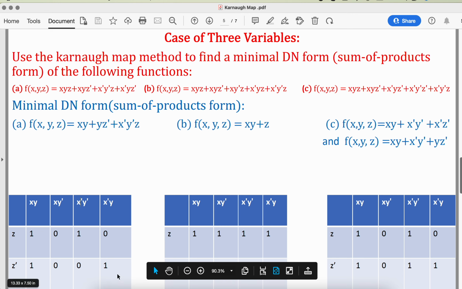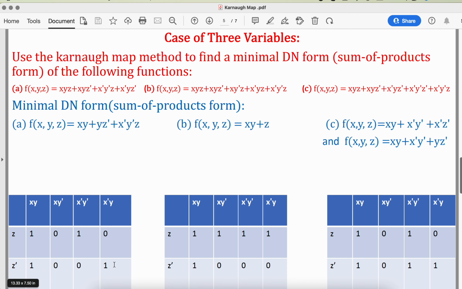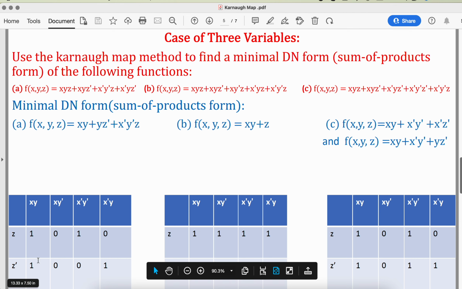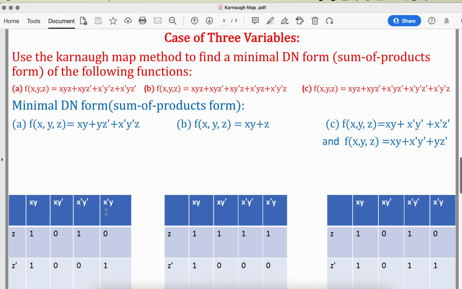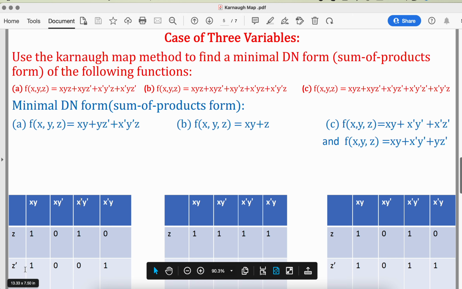So here it is x'yz' and here it is xyz'. Here we have x'y and this is xy. So x and x' are in complemented and uncomplemented form. So we are left with y. And this side we have z'.